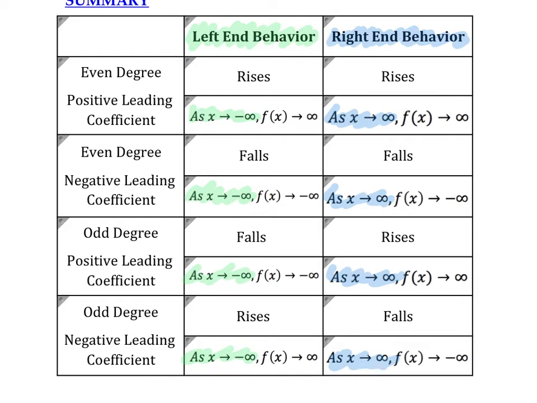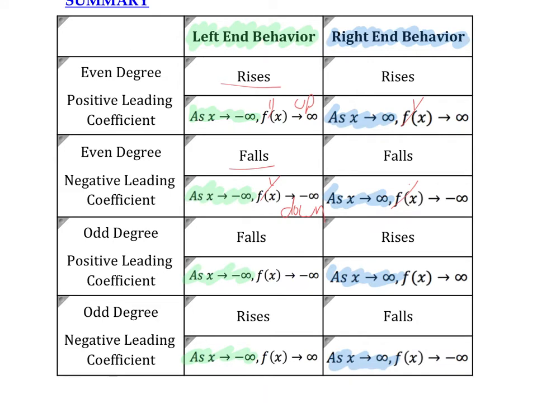And then we'll see f of x. Keep in mind, f of x is really just saying y, right? So the f of x value is just the y values. If it goes to positive infinity, that's saying it goes up or it rises. If it goes to negative infinity, that's saying it goes down or it falls.